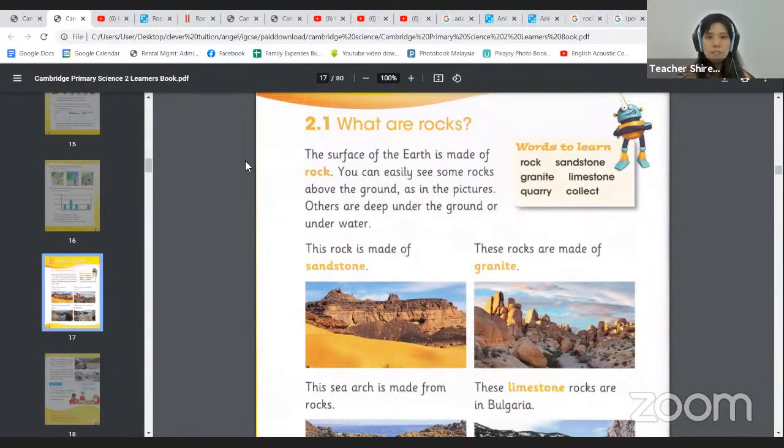The surface of the earth. Jane, can you read?